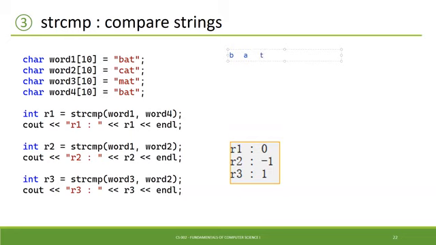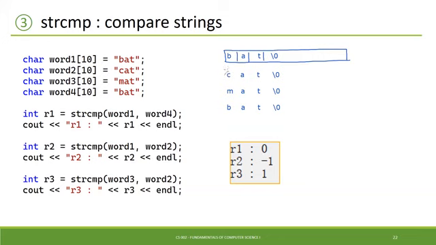I have B, A, T, null, and then C, A, T, null character, and another one, and one more, B, A, G. I have 4 strings. BAT is the first one.